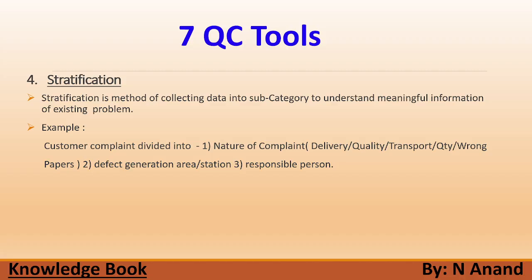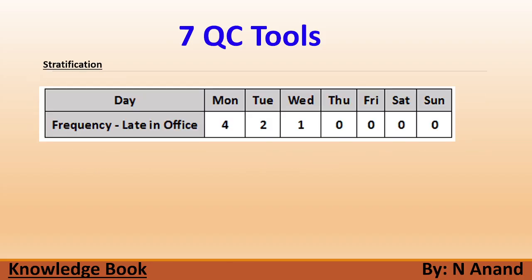In the nature of complaint also, we can stratify this into delivery of complaint related to quality, related to transparency, related to quantity, related to wrong papers. All this we can stratify so that we can take appropriate actions.